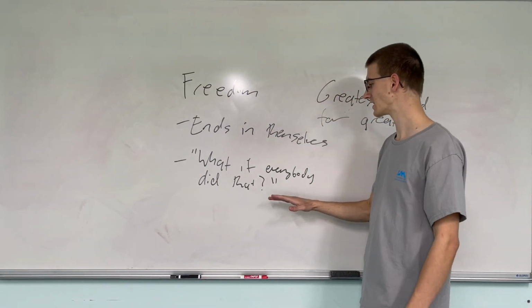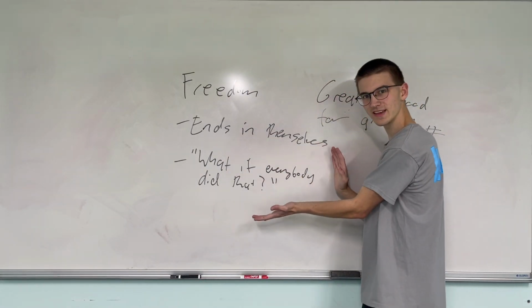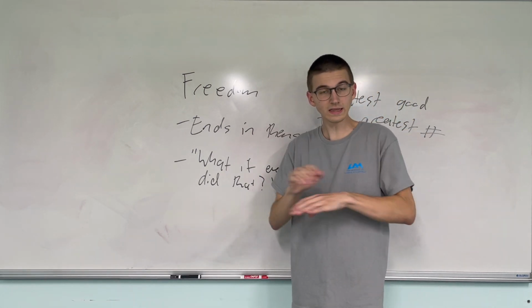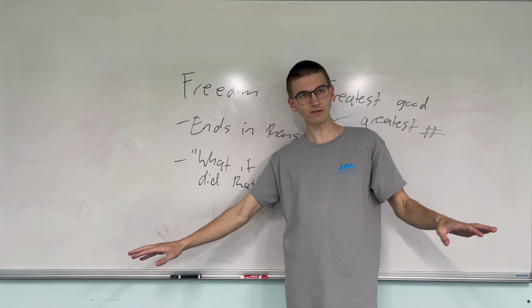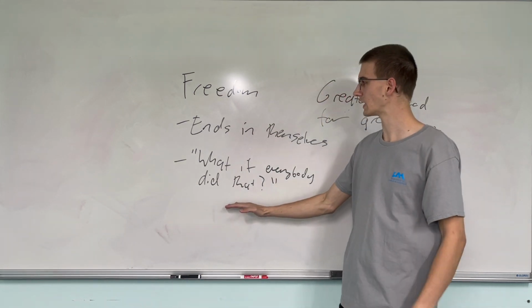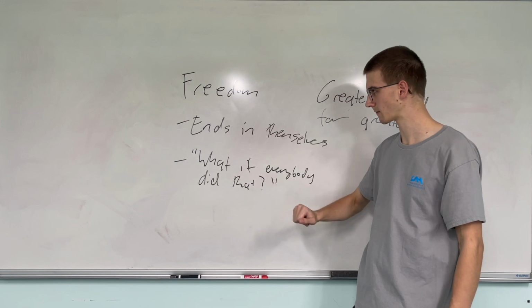So Kant says, if everybody did this and it turned into craziness, it literally would contradict itself because no one would be able to follow it. That's how we know it is wrong in the abstract.